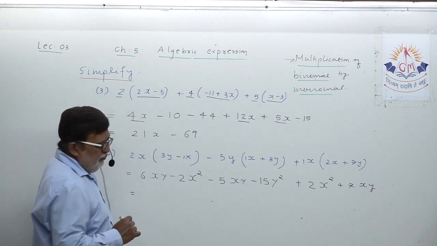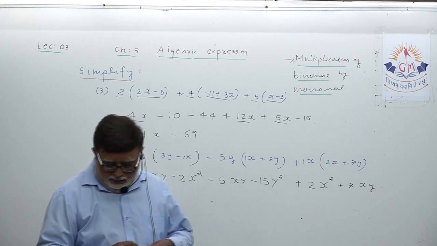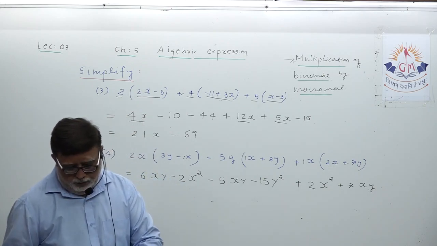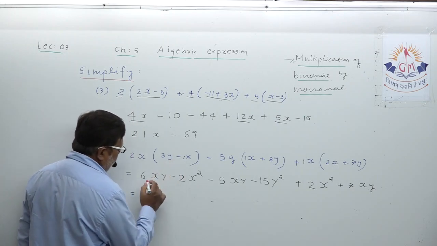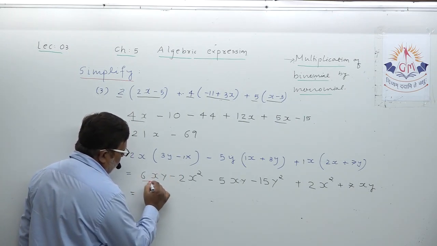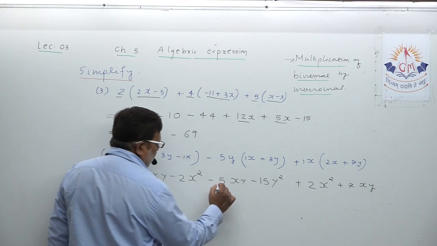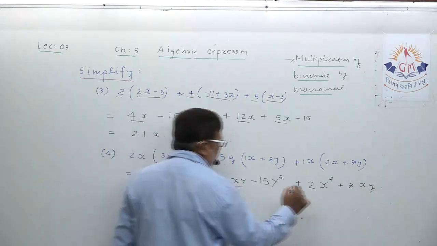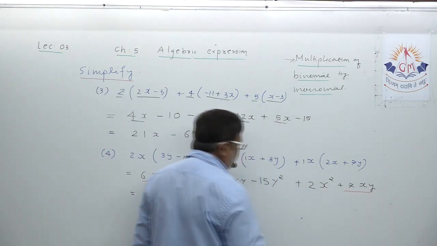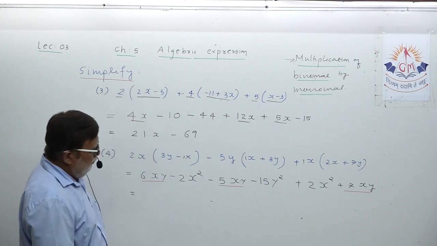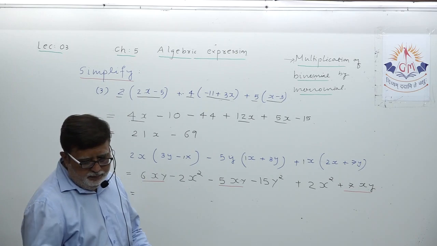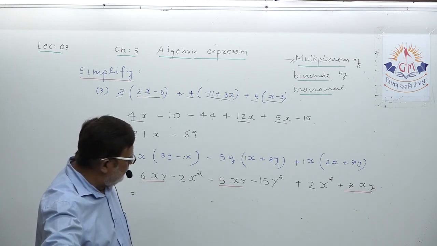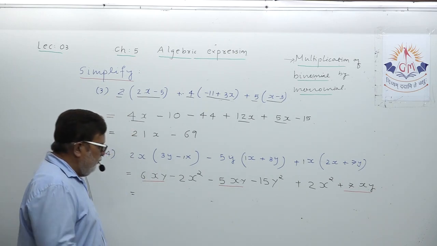After doing this, now it's a question of solving the like terms. Which are those like terms? 6xy minus 5xy plus 7xy. This is one pair of like terms, one triplet of like terms to be more accurate, okay. Let us solve it first.